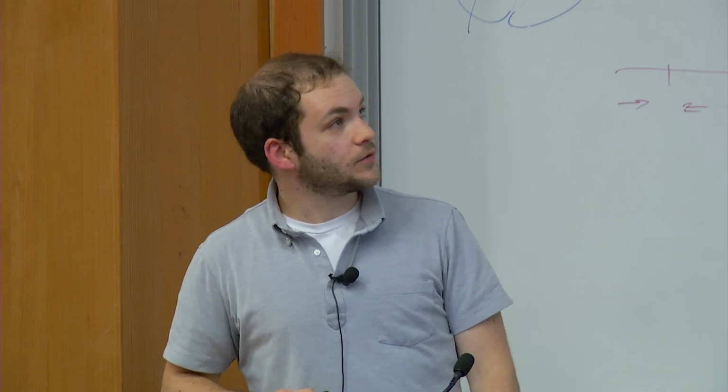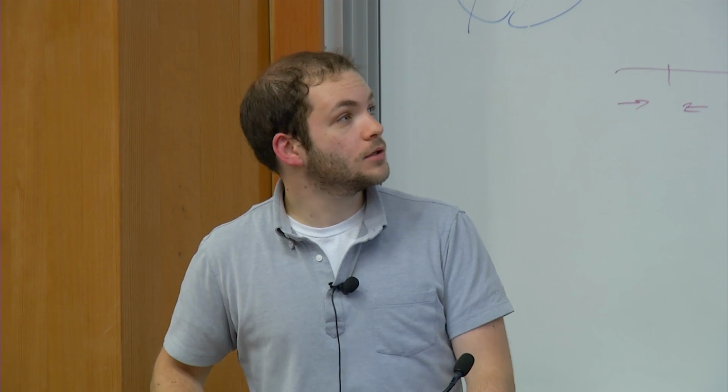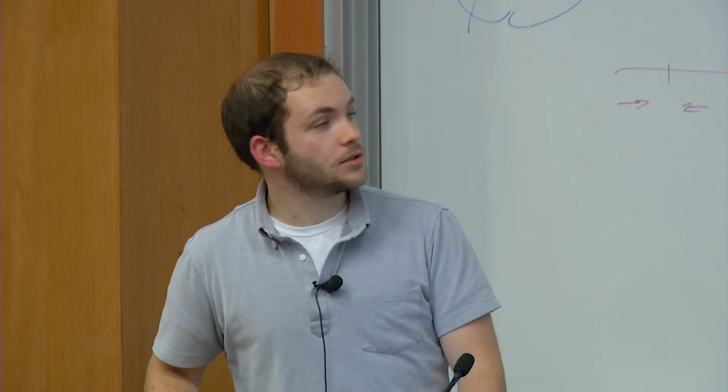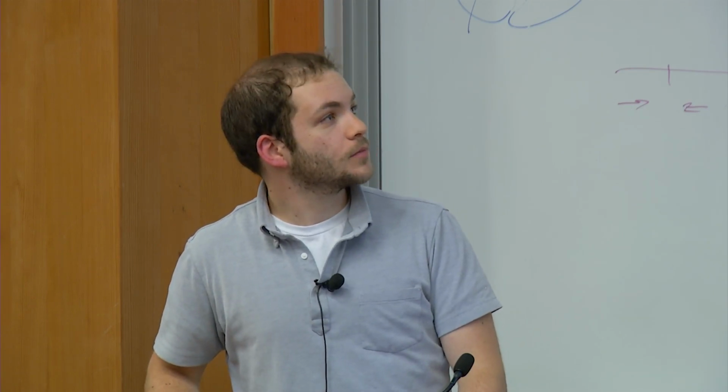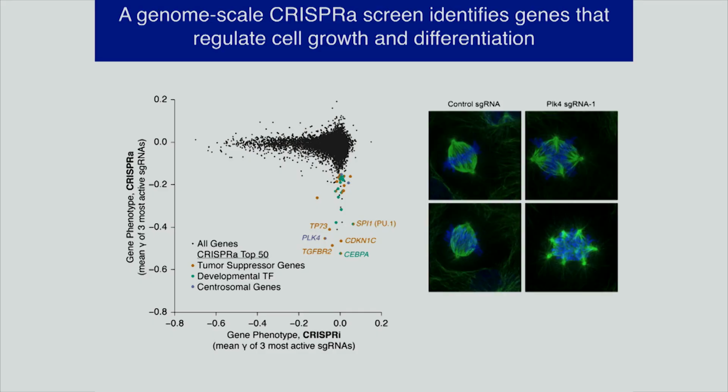So we don't see any of those, but what we do see is a very nice, smaller set of genes that are very specific for the biology of the cells that we're looking at. We find classes of developmental transcription factors and tumor suppressors that, when overexpressed, cause the cells to stop growing, and also some centrosomal genes, which make for very nice pictures.